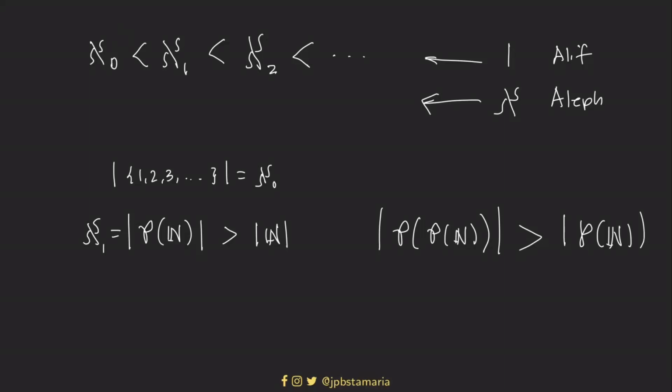May proof tayo nun. Ang tanong, gaano ka infinite yung set of all infinities? Is that countably infinite or uncountably infinite? How about the number of infinities? Is that countably infinite or uncountably infinite?